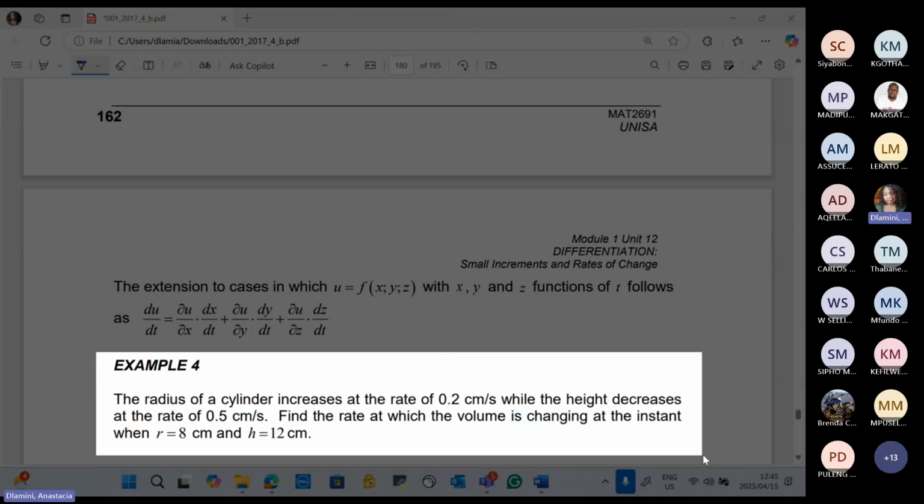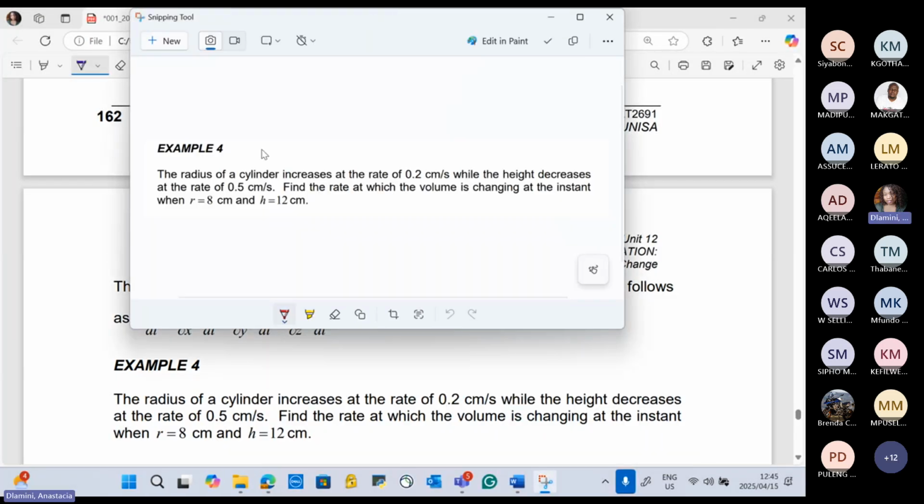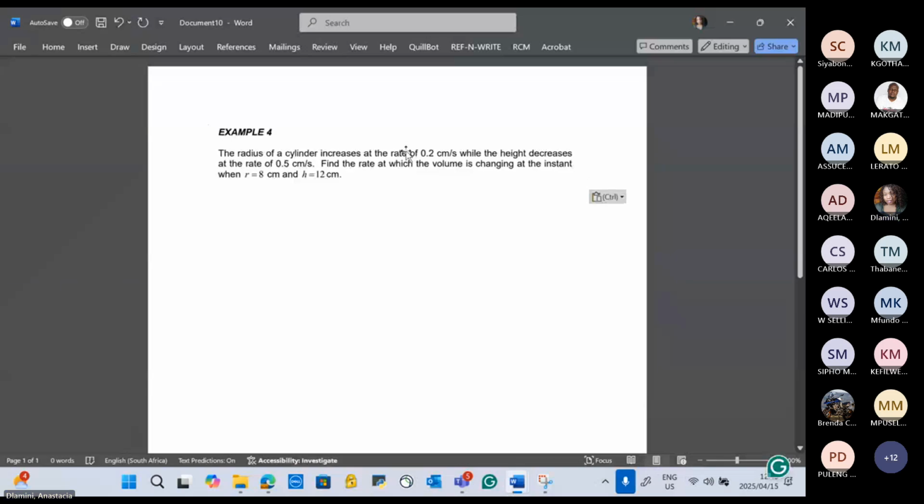Okay, so let's go and do this example. I don't know why it's example 4 because the rate of change was the first part. All right. Let's do this. The radius of a cylinder increases at the rate of, while the height decreases at the rate of.